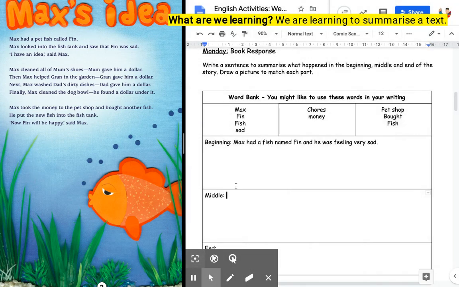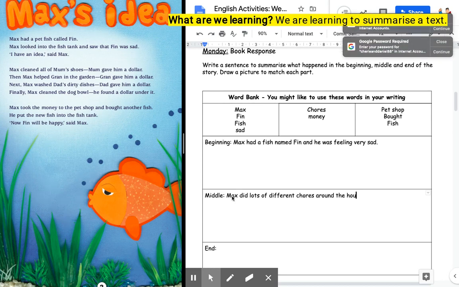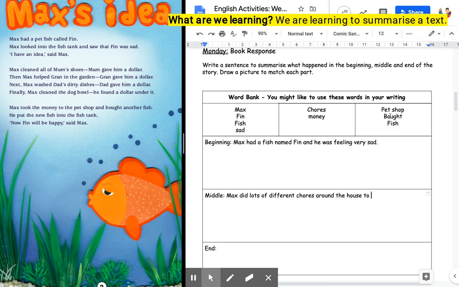That's going to be my sentence. Max did lots of different chores around the house to make some money. Full stop.